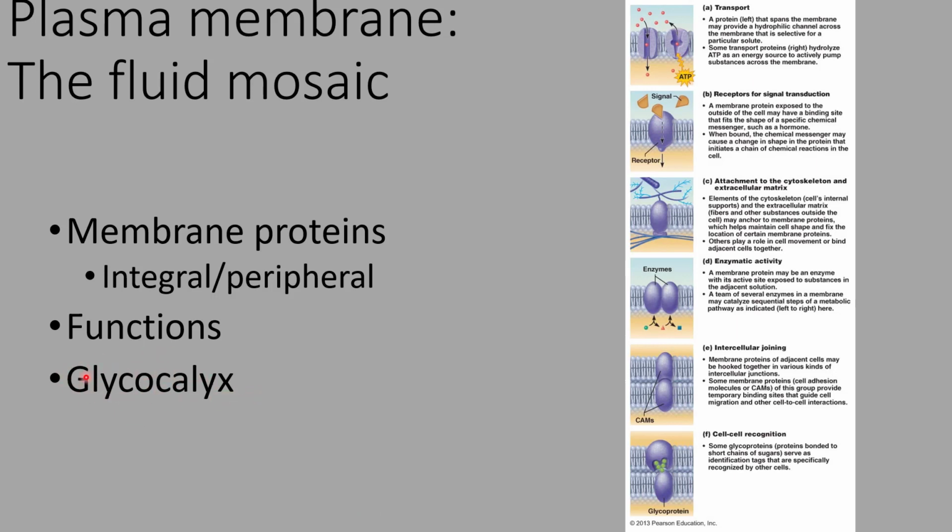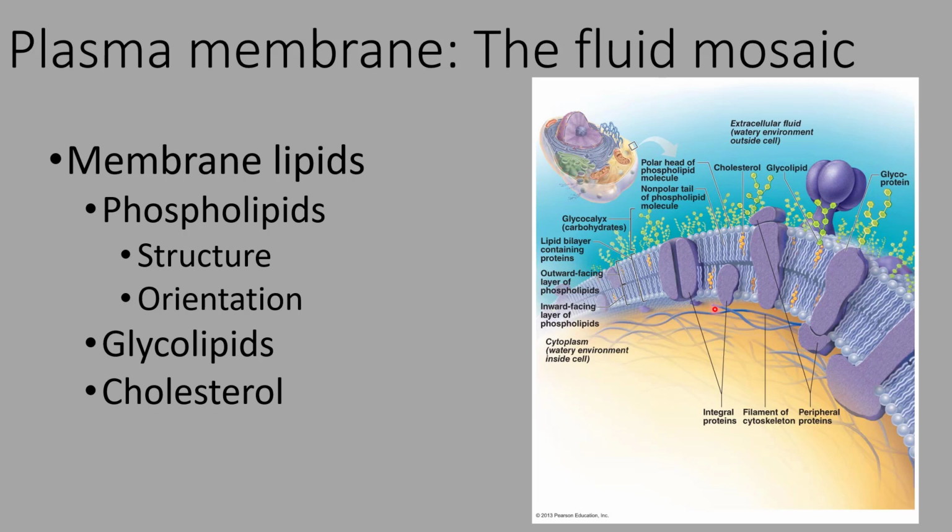So here, one more term that we have is glycocalyx. And this applies to what we're talking about now and what we talked about on the previous slide. Here we have glycoproteins, proteins that have pieces of starch or glucose, carbohydrates sticking up out of the cell. We have the same thing over here with glycolipids. But if we look at a cell, the outside edge of the cell is coated in all these different types of carbohydrate chains.